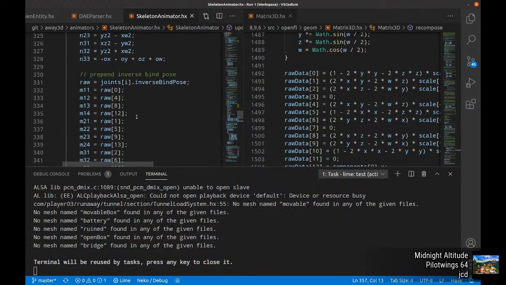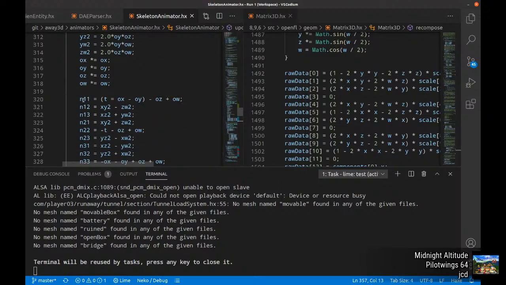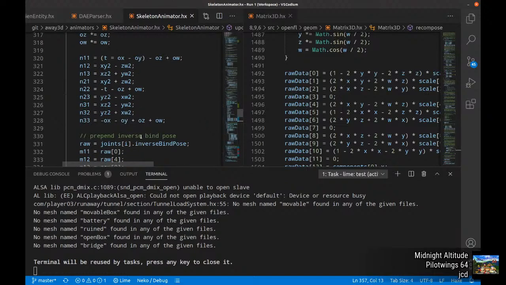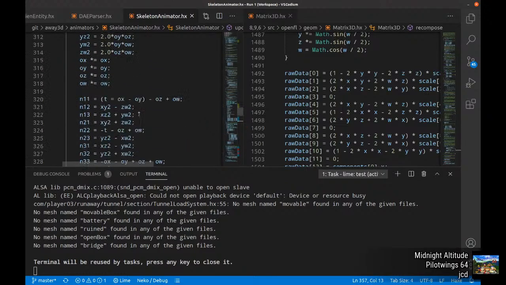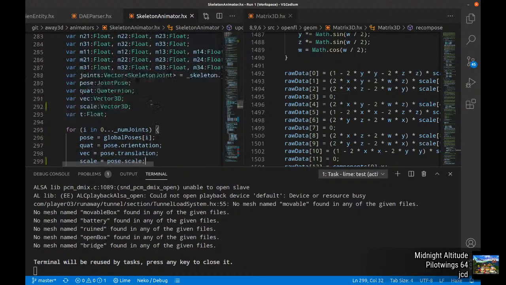It's clear enough that this n is meant to be a matrix built out of the original orientation, translation, and scale.